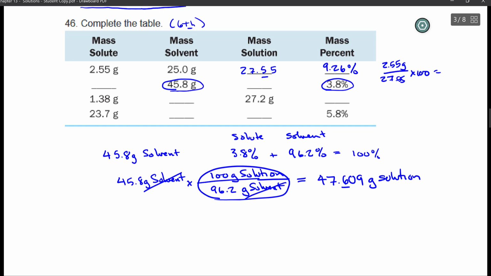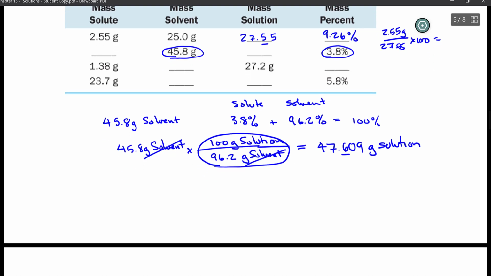Now I could also find the grams of solute this way, since I know the mass of solvent and I know the mass of solution. I just subtract the two and I'll get the mass of the solute.